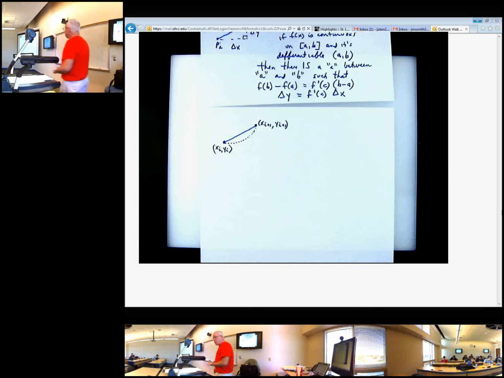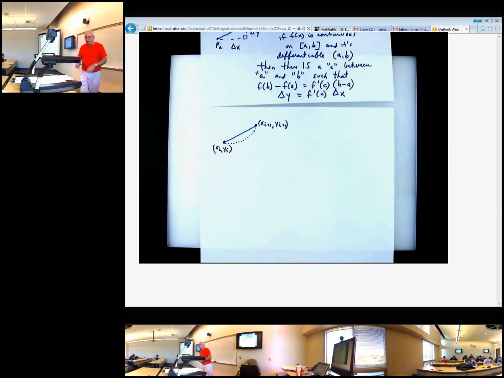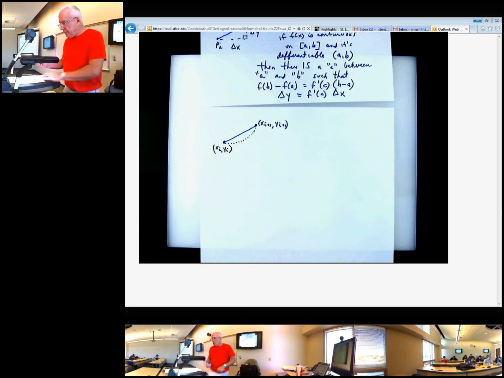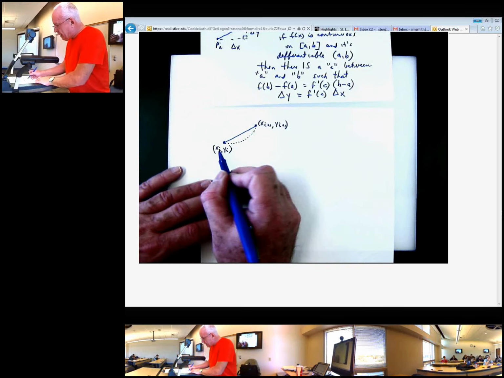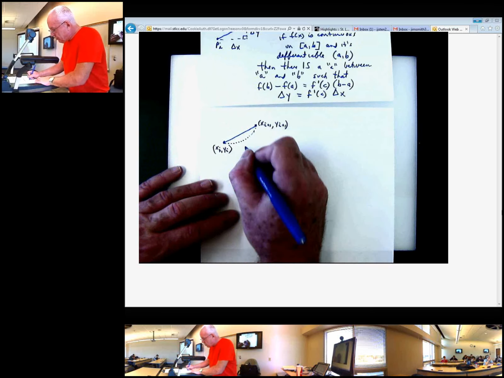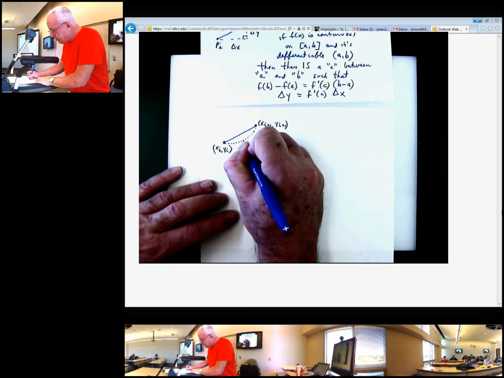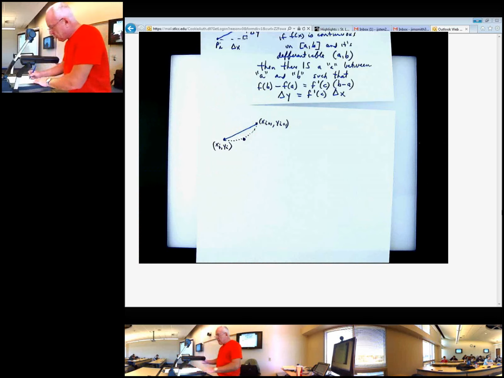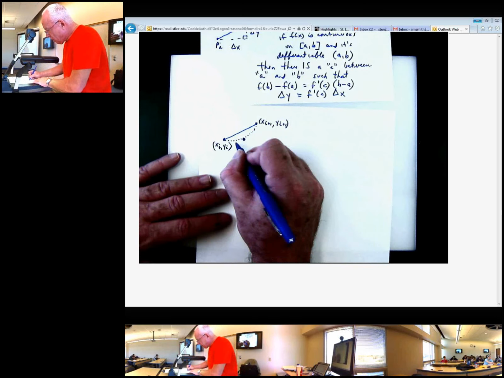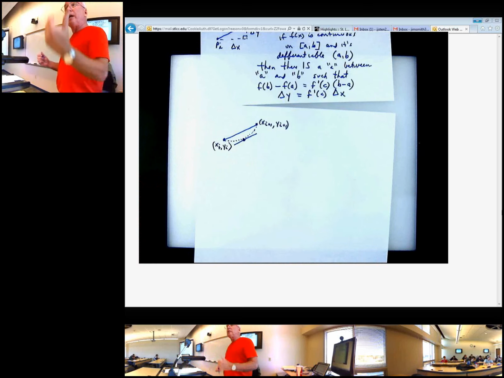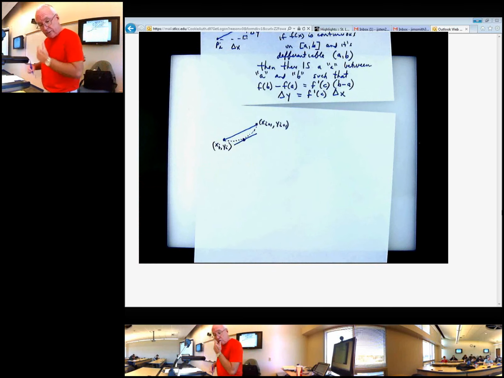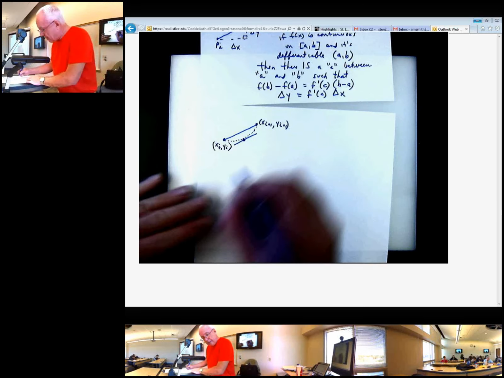So our curve is joining those 2 points, of course, and we have that straight line. What this mean value theorem says is that somewhere between x sub i and x sub i plus 1, there's a value of x such that the derivative, the tangent line, is parallel to the line joining the 2 points.